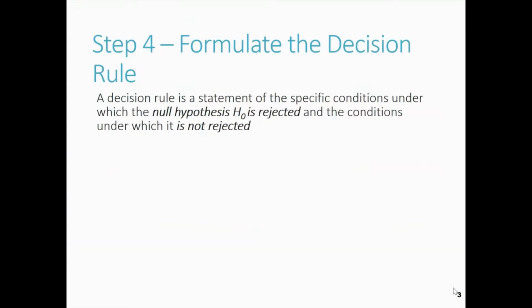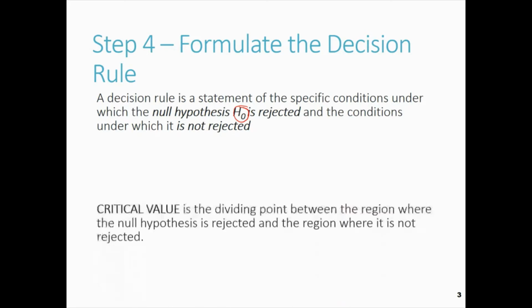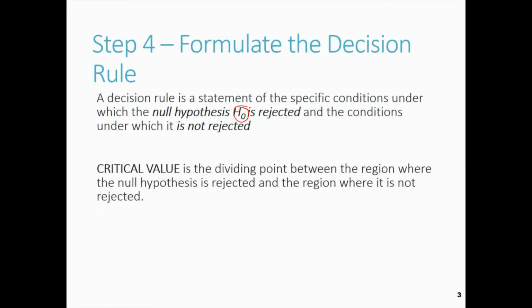A decision rule is a statement of the specific conditions under which the null hypothesis H0 is rejected and the conditions under which the H0 is not rejected. For us to figure out these two regions, reject and not reject, we need to figure out our critical value.